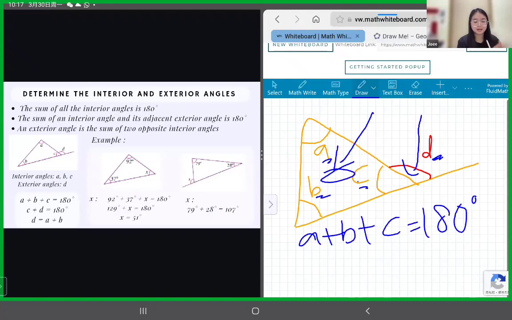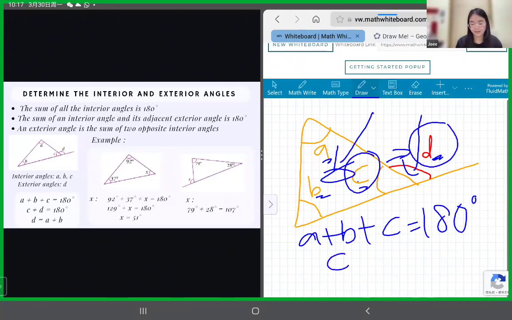Second, the sum of an interior angle and its adjacent exterior angle is 180. Take C as an example. Its adjacent exterior angle means the angle beside it, which is D. So their total will be 180 also.